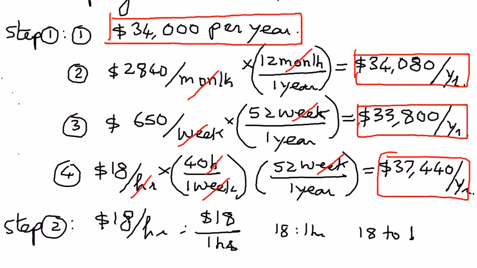Here we converted the monthly salary to yearly salary, the weekly salary to yearly salary, and the hourly salary to yearly salary, and therefore we compared all four and made a choice, coming to the conclusion that the highest amount of money we arrive at will be the choice we're going to make.